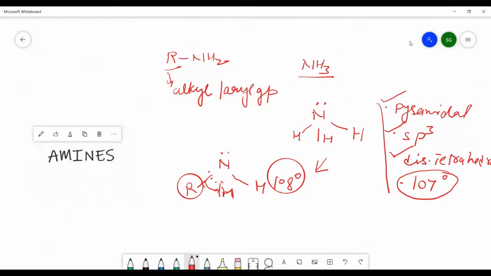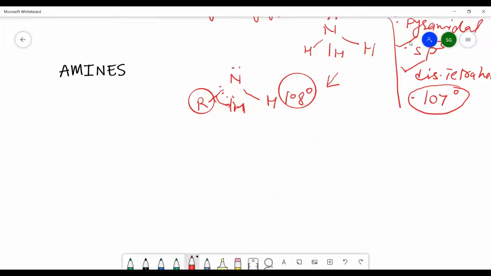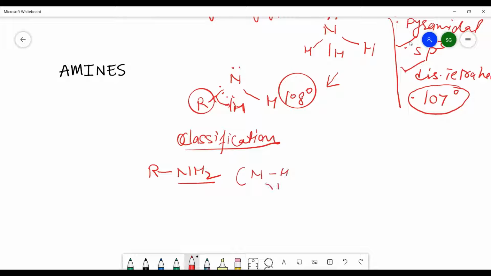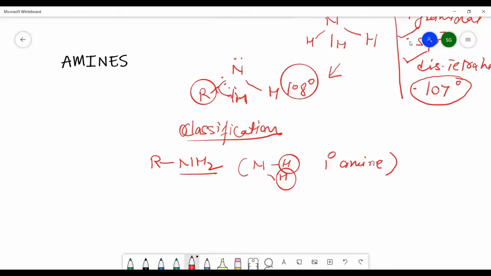Now, there are various types of amines depending upon their R group. The classification depends upon the number of R groups present on the nitrogen atom. Suppose one R group is present with the nitrogen atom, and the nitrogen has two hydrogens. This is called a primary amine, which may be aliphatic as well as aromatic in nature.